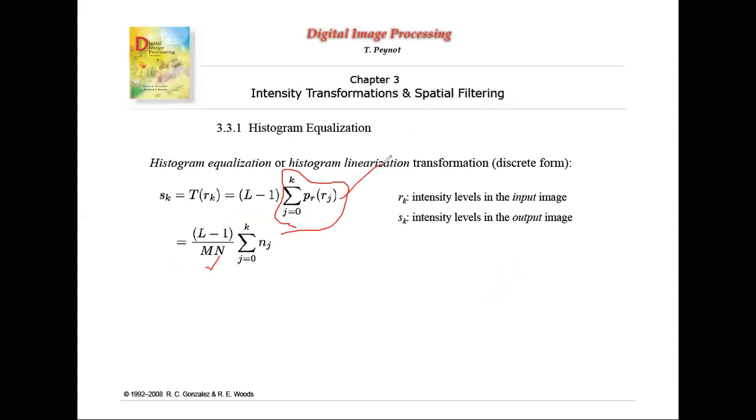At the first intensity level, it is the first intensity probability. What is meant by the probability? When I say probability, the maximum value shall be less than or equal to 1 only. Oh god, I'm confusing you once again.